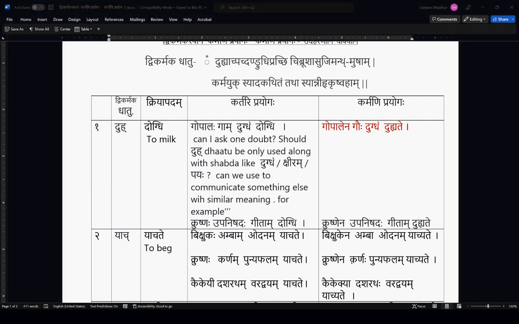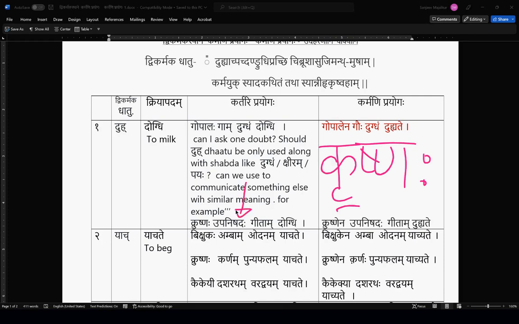Krishnaha Krishnena Upanishadaha Gitam Dushyate. Upanishadaha. A beautiful example.